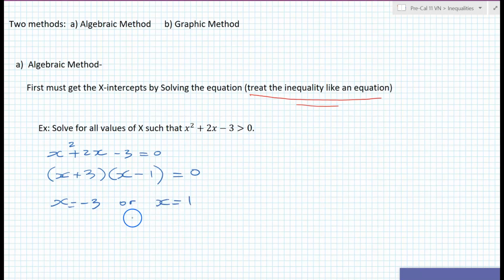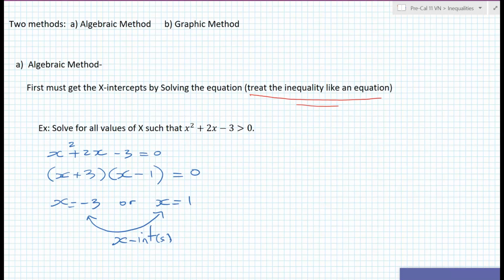So these are the x-intercepts. There are two of them: x equals negative 3, x equals 1. That is the two x-intercepts for the equation. So that's going to start helping us with the solving of the inequality.